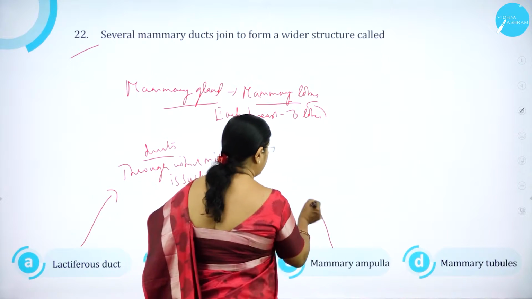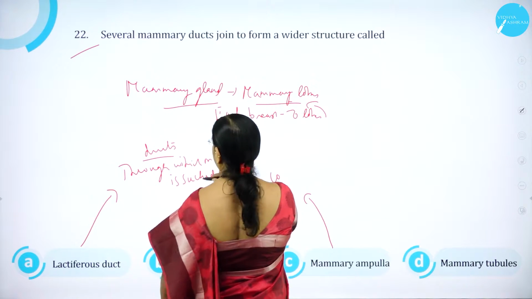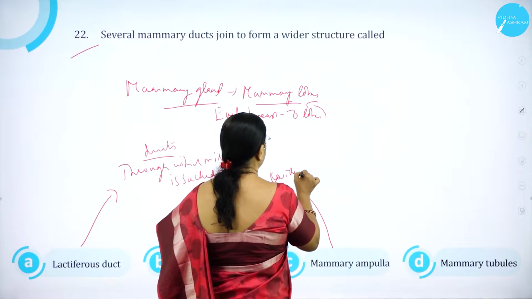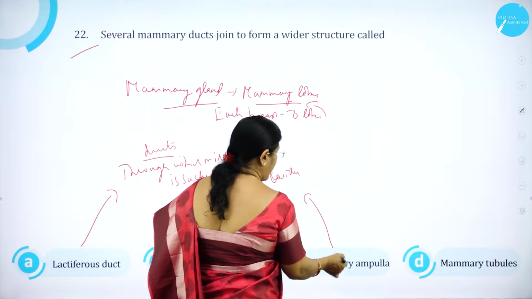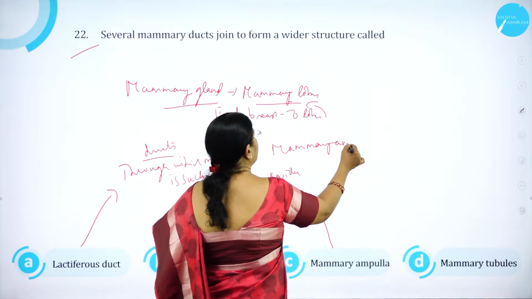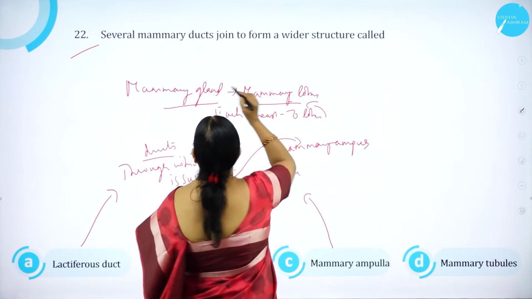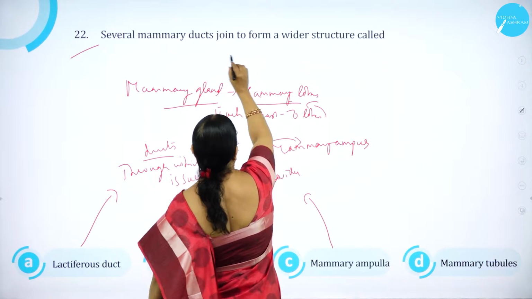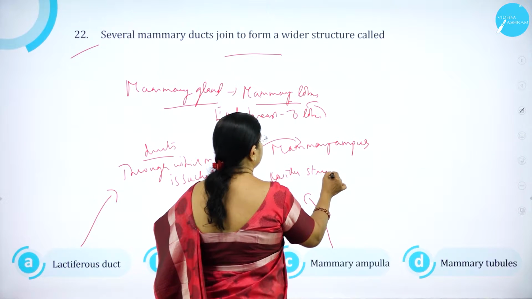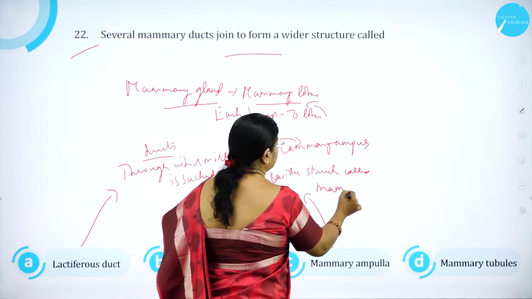Mammary ampulla: the lactiferous ducts join to form a wider structure called mammary ampulla.